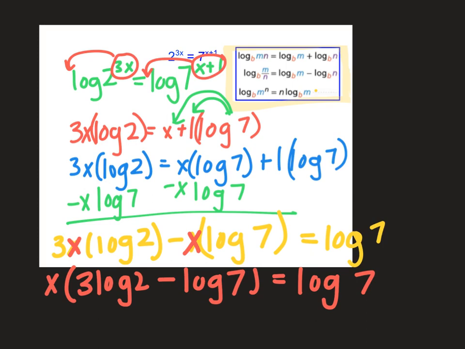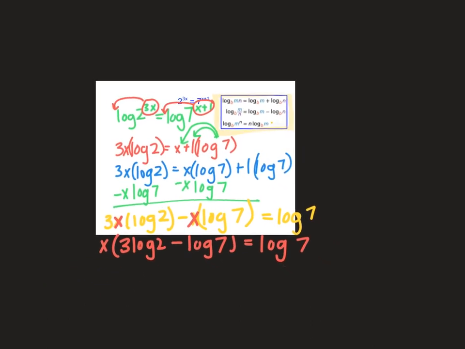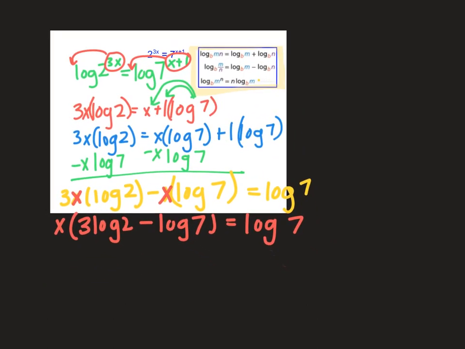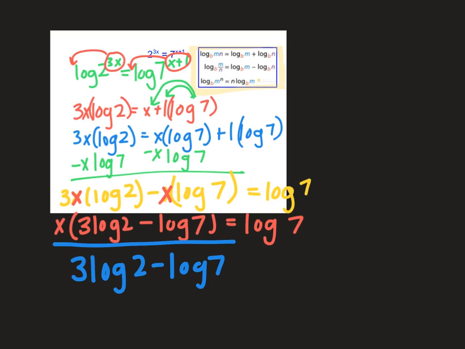Again, at this point, I want to divide everything because I want that x all by itself. So we'll divide both sides by 3 log of 2 minus the log of 7.